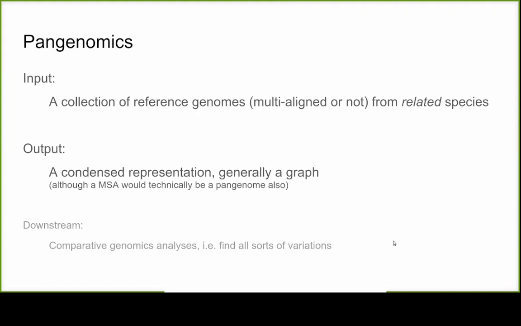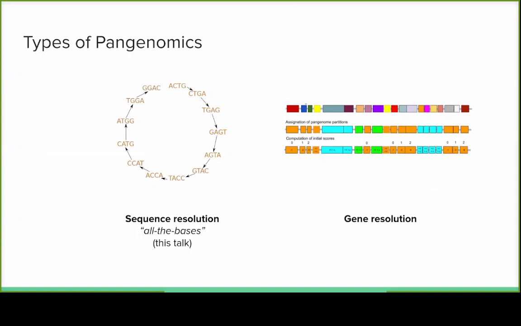And then, of course, there are downstream applications. Sam has been talking about some of those, and also Yoni this morning, where comparative genomics takes place in finding SNPs, structural variations, presence absence of genes, and so on. I would argue that there are two types of pan-genomics, and we are on the left side during most of this call. The sequence resolution, where you consider all the bases inside genomes.